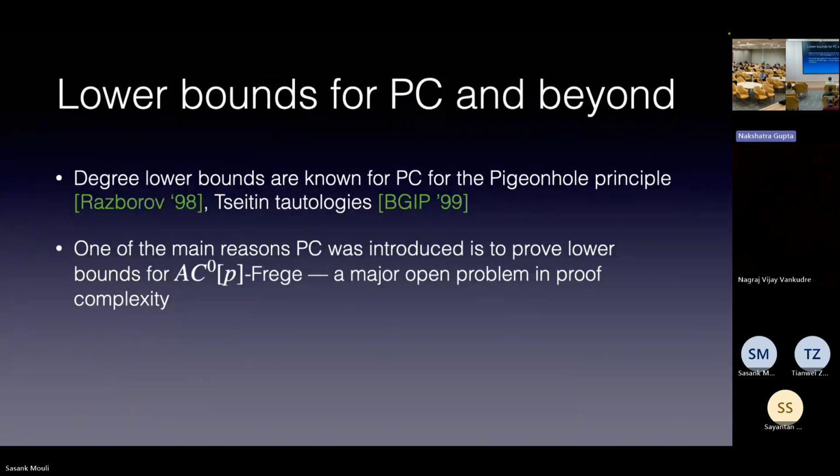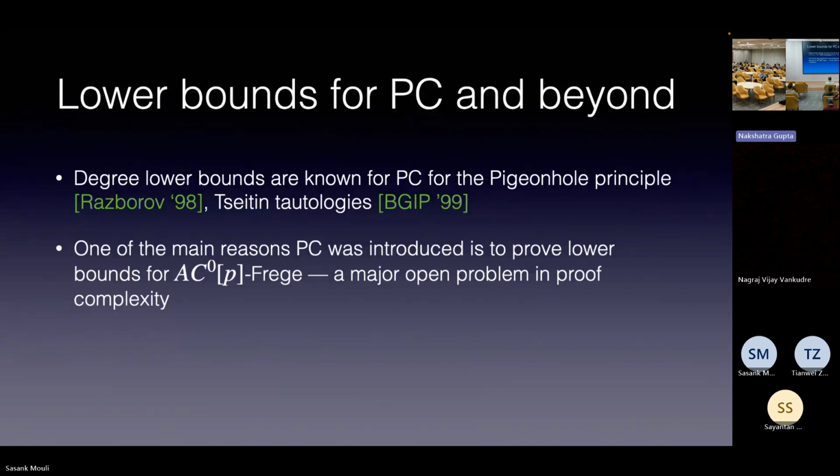For instance, a parity function is hard for AC0P where P is not equal to 2. We have good circuit lower bounds for these circuits, and they were proved, I think, in the 80s or so. For a long time we had circuit lower bounds for this class, but we haven't been able to show proof lower bounds.